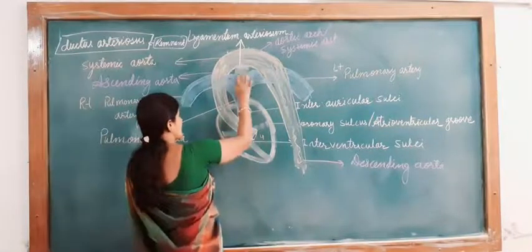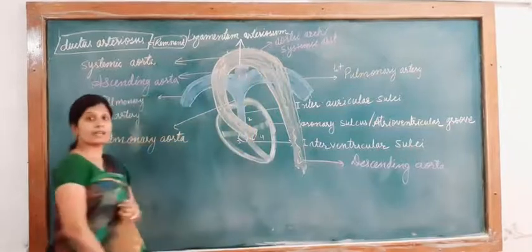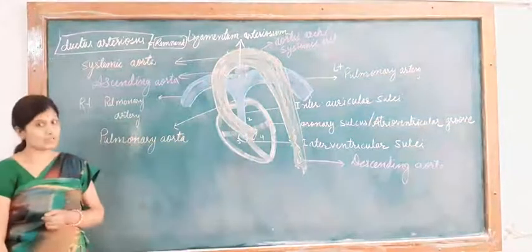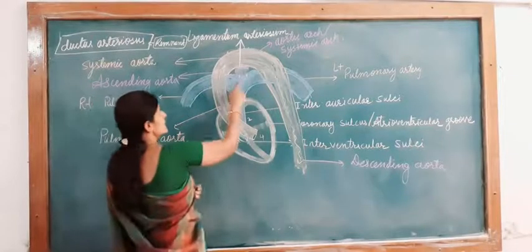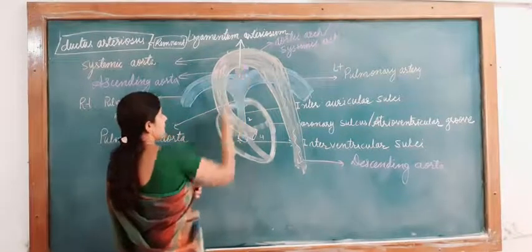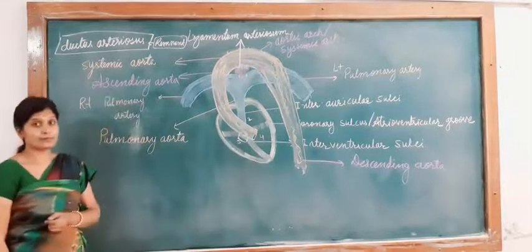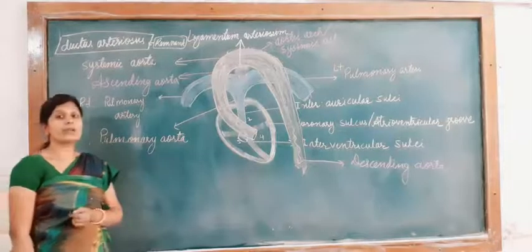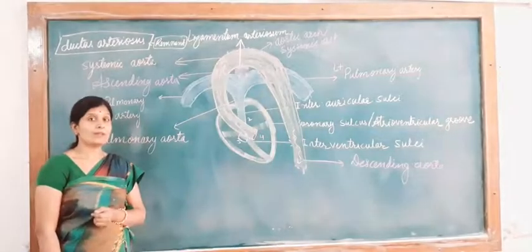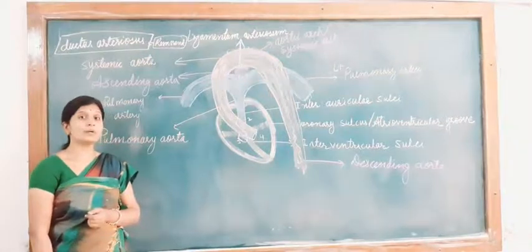If it is not closed after the birth, what happens? The oxygenated and deoxygenated blood will be mixed, and the baby's body color will turn blue.